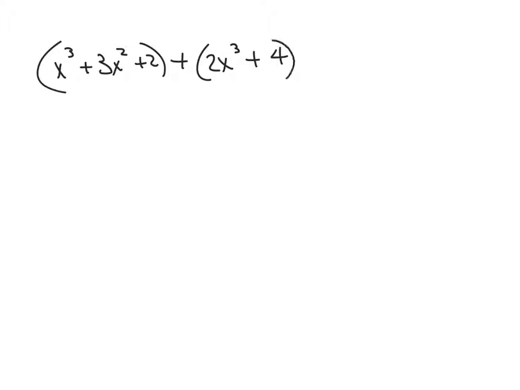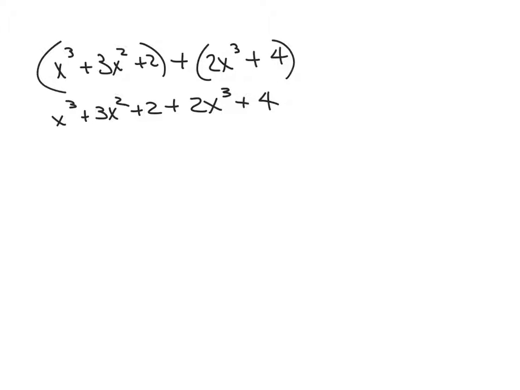We have x cubed plus 3x squared plus 2, and we're adding 2x cubed plus 4. Alright, the thing we're going to do when we're adding is you can take off the parentheses, all the parentheses when you're adding. Always take them off. Doesn't change anything. It just kind of sticks everything together like that.